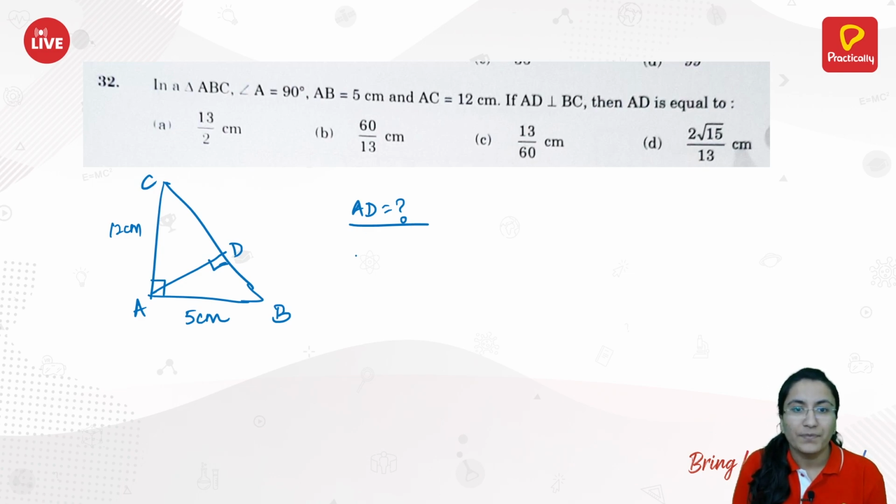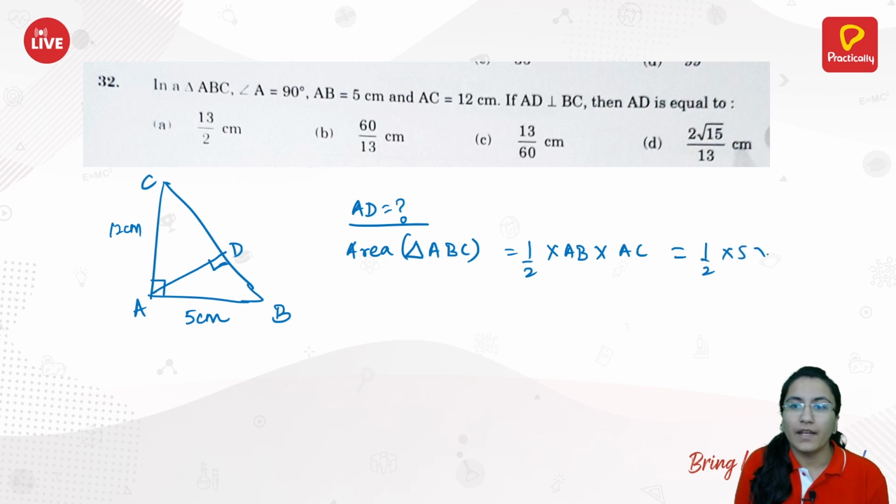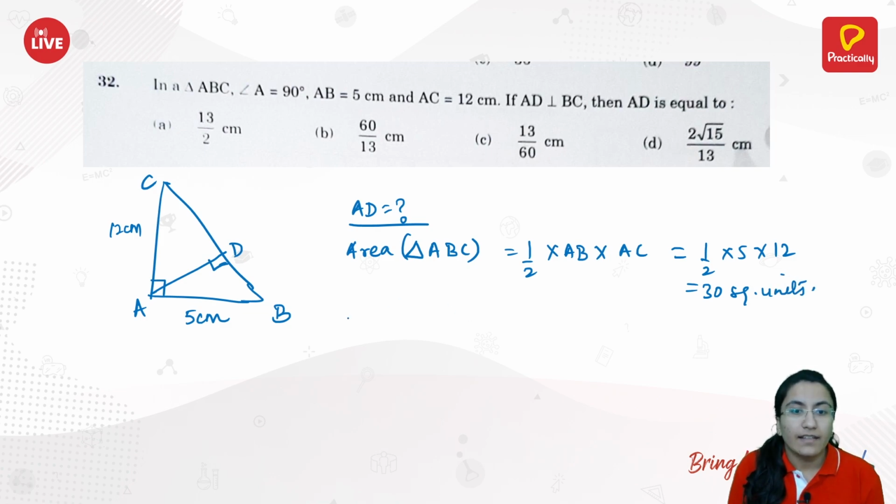Let's just proceed. Area of triangle ABC is half into base AB into height AC, which is half into 5 into 12, which is 30 square units, right?